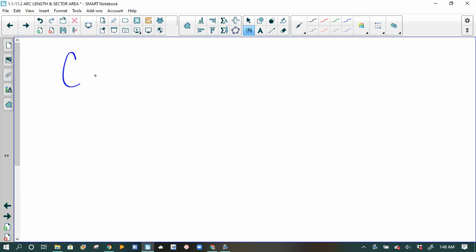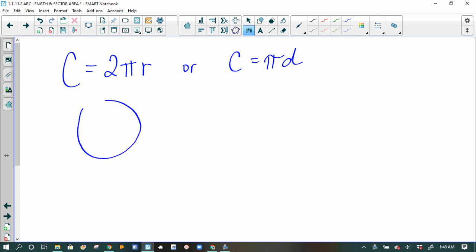So circumference is 2 pi r or pi d, where r is your radius, d is your diameter. If you have a circle, and let's say that the radius is 4, then you simply replace the r with 4.